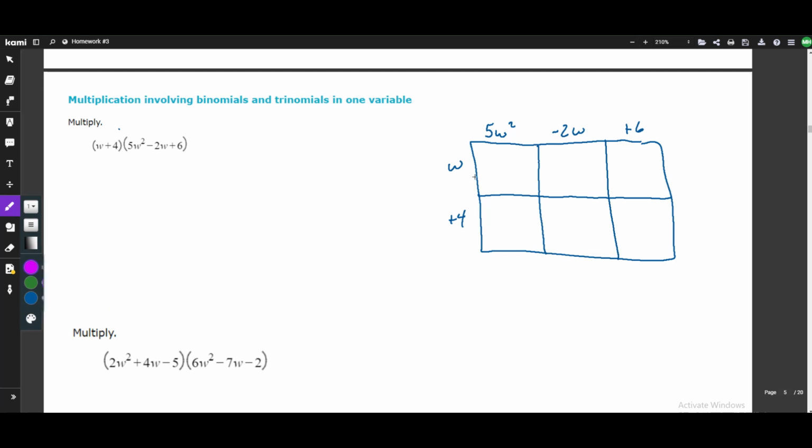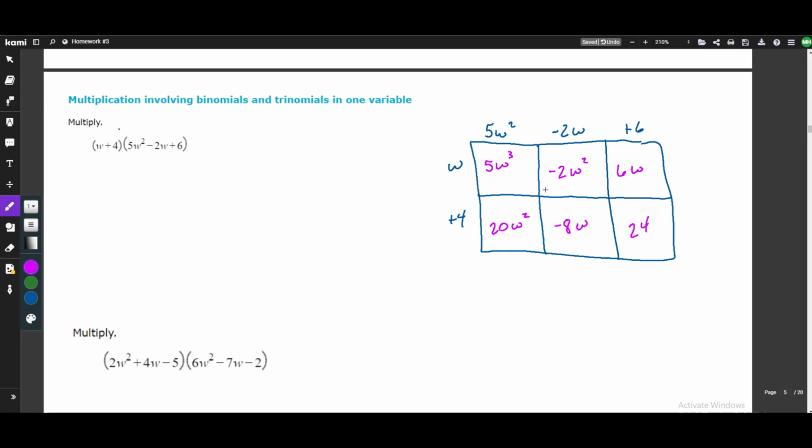So when I'm multiplying this, I'm going to have 5 and w, there'll be 3 for this box. This one is the negative 2w times w, so that's going to be a negative 2w squared, and a 6 times w is 6w. Then I'm going to do the 5w squared times the 4, so this will be 20w squared. Negative 2w times 4 is negative 8w, and 4 times 6 is 24.